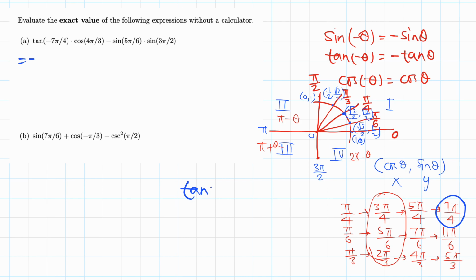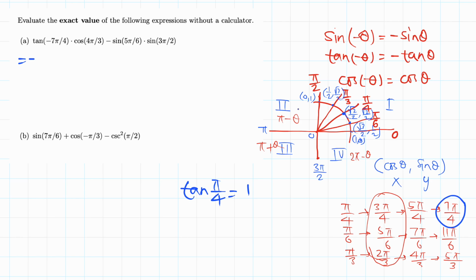What is tangent pi over 4? The first value is cosine, the second value is sine, and they are the same. Tangent is y over x, sine over cosine, so the ratio is 1. Root 2 over 2 divided by root 2 over 2 is 1.